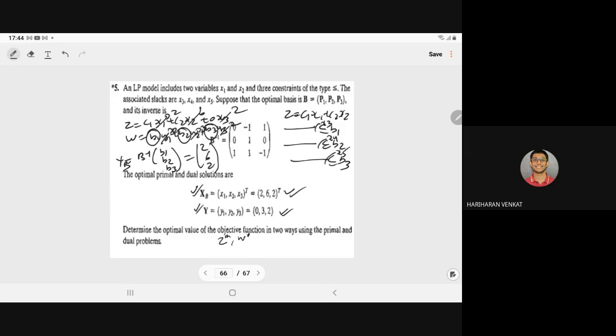From where do we have the optimal value of y when all the constraints are of less than type? Yes, here we have x1, x2, x3, x4, x5. So where do we have the values of y1, y2, y3?